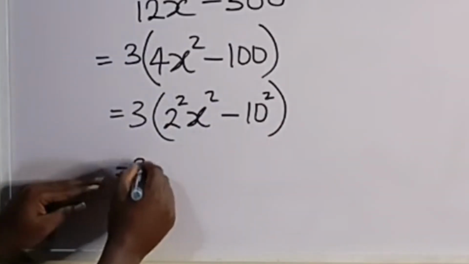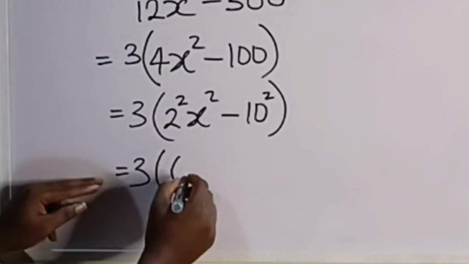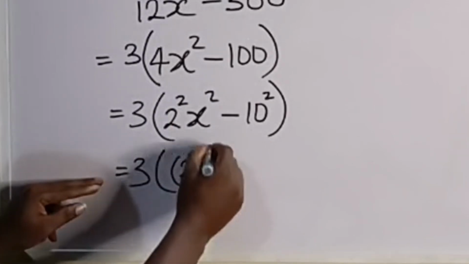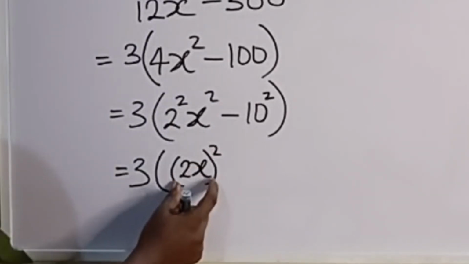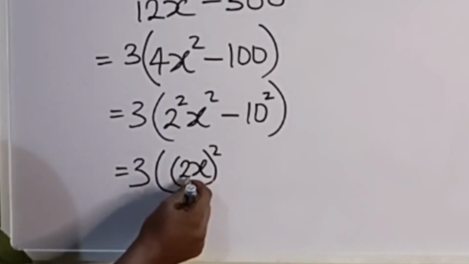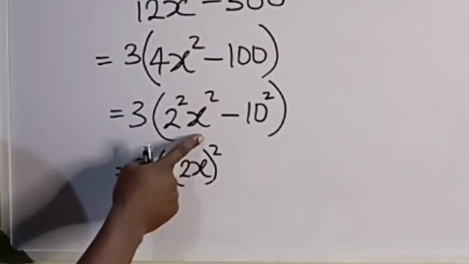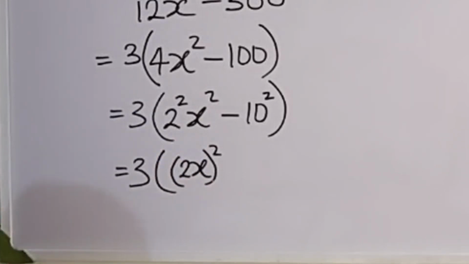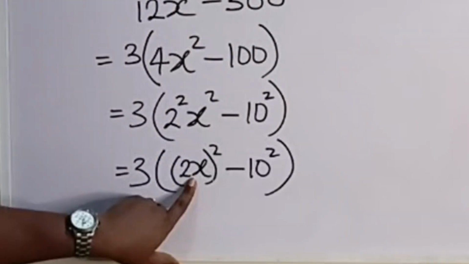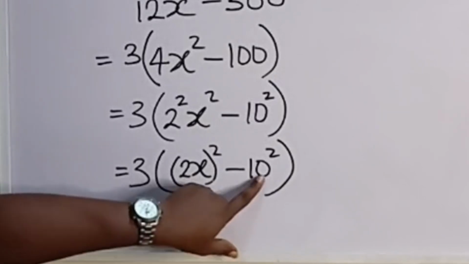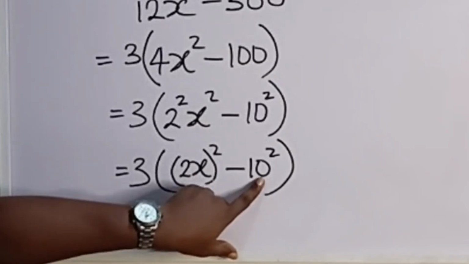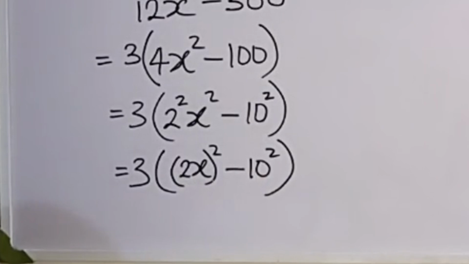So this will give us 3 parentheses, 2x both squared. Since both of them have squares, we put them inside and bring their square outside. Minus 10 squared. The second step is achieved. We have a squared value here. The third step is achieved. So now we can apply difference of squares.